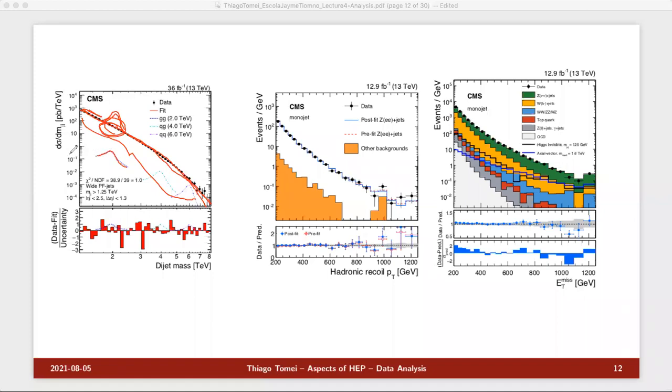Here it's a bit lower, but it's just for graphical purposes. The idea is that this bump sits on top of the distribution.